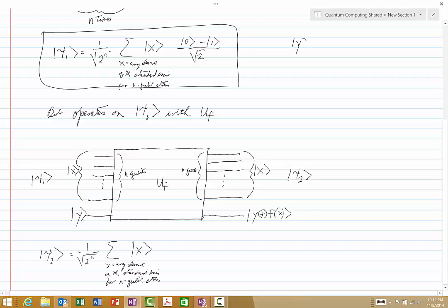So we have that this last qubit, y, is given by 0 minus 1 over the square root of 2. And what we want to evaluate is this y exclusive or f of x. So since y has both a 0 and a 1 in it, we need to look at both of those.